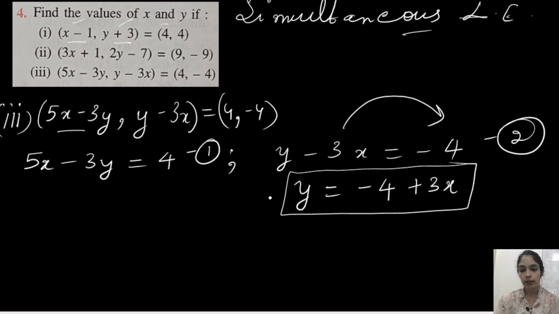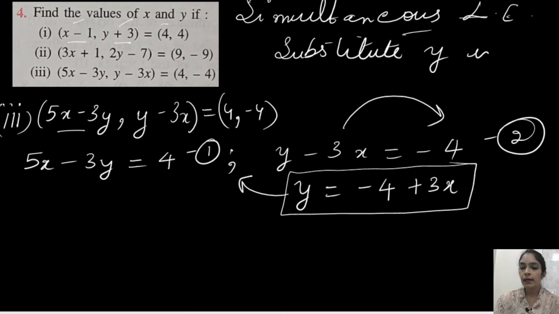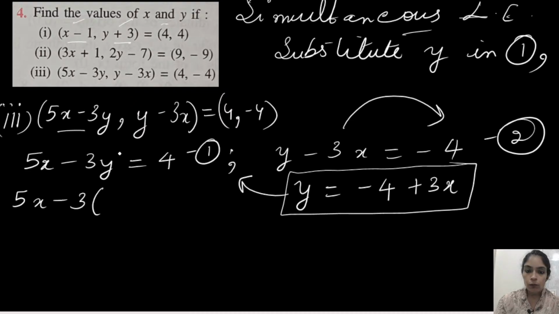This value of y we will substitute in the first equation. So 5x minus 3, y's value, minus 4 plus 3x, is equal to 4. Nothing else I have done, I have just used the substitution method. You can use any other method also.